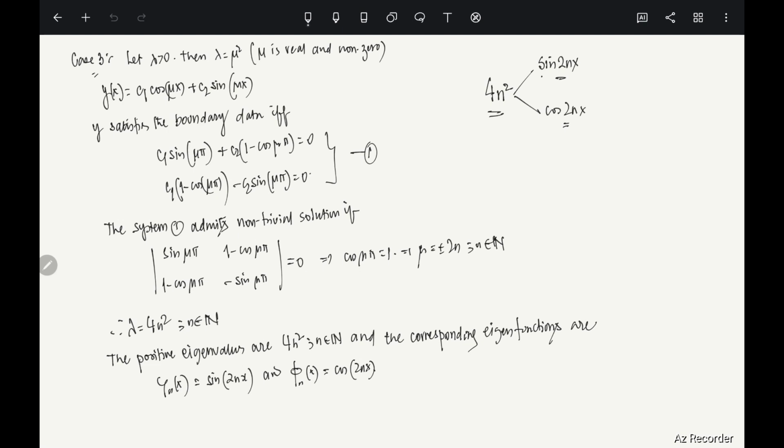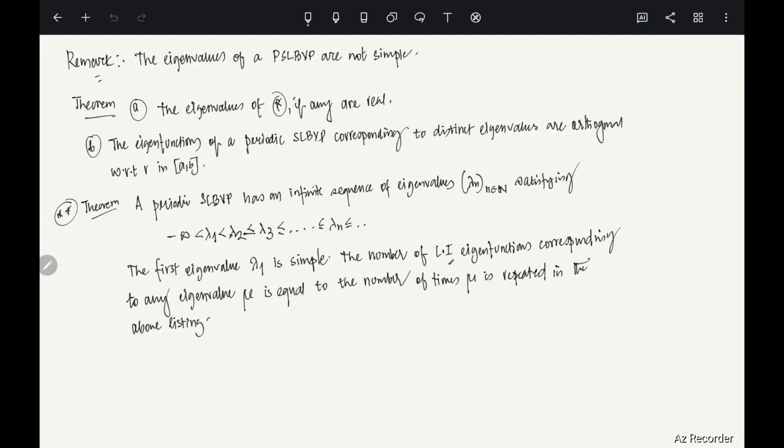They will be sine nx and cosine nx, so basically it is 2. Since it is coming twice in the scheme, there are 2 linearly independent eigenfunctions. Is it okay? Okay, so that is there.